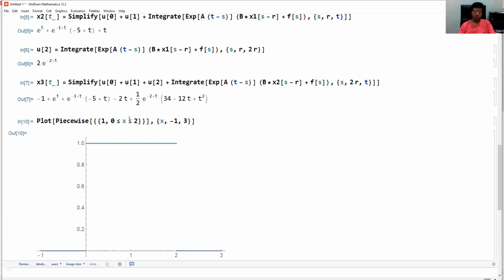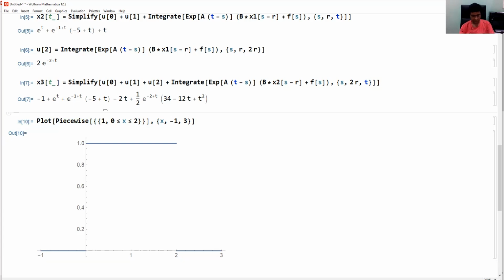So we define a function given by x0 of t multiplied by the characteristic function of the interval minus r to 0, plus x1 of t multiplied by the characteristic function of the interval 0, 1, then plus x2 of t multiplied by the characteristic function of the interval 1, 2, and so on.